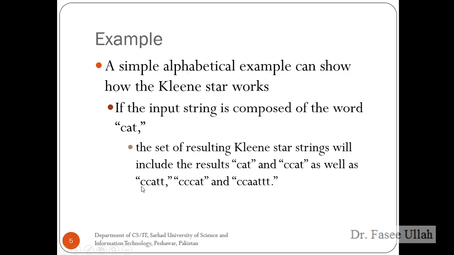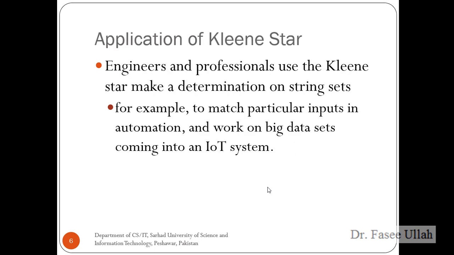Another solution is double c, a, double t. The third solution is triple c, a and t. In the last, optional solution, we have double c, double a and three times t. So this is why we use the Kleene star. We can represent the set of strings in any format or form. So this is the Kleene star.